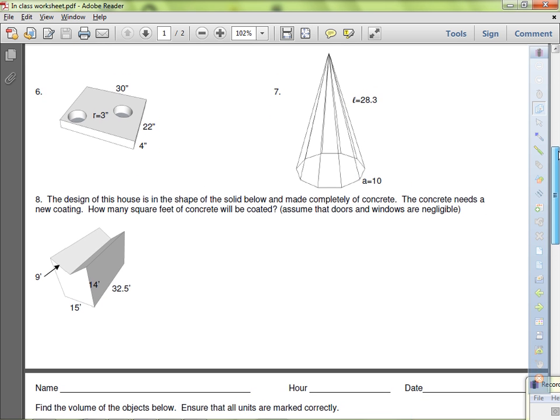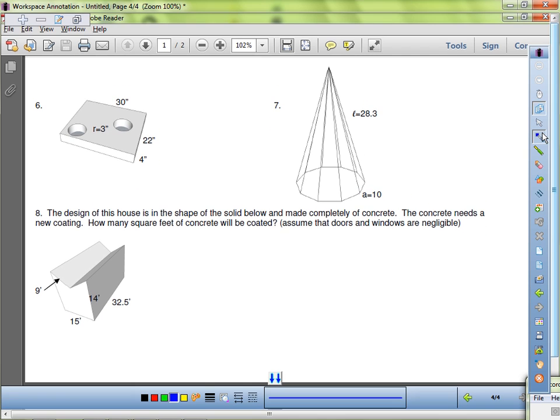We'll leave it right about there. Okay, so object number 6, we have a rectangular prism, which is this flat sheet. And I've cut holes in it, which means I've subtracted out the circles on the top and the bottom. But I've actually added in this space right in here.